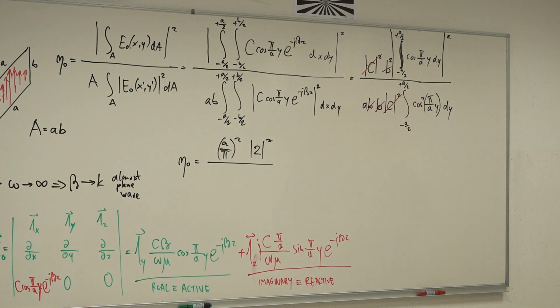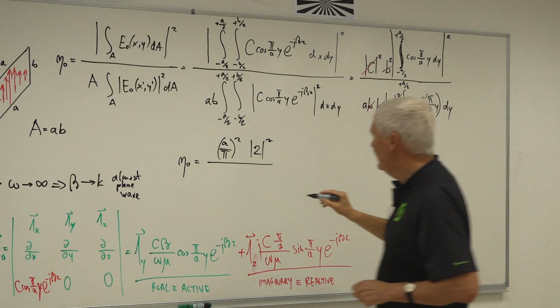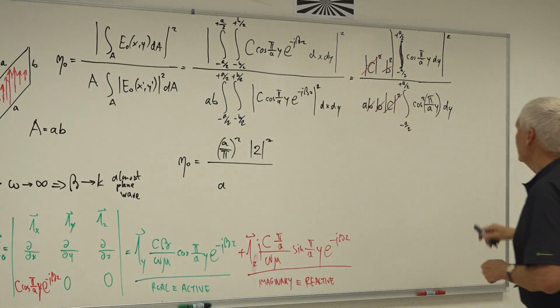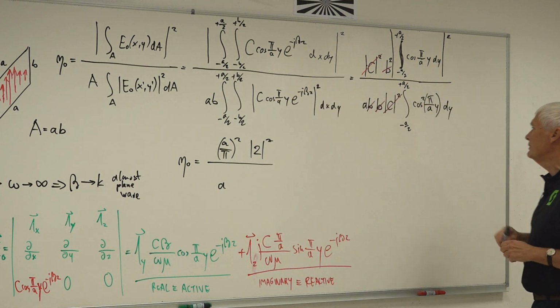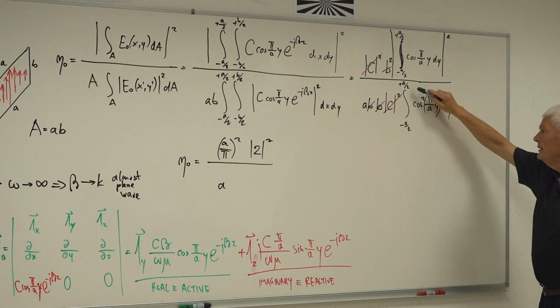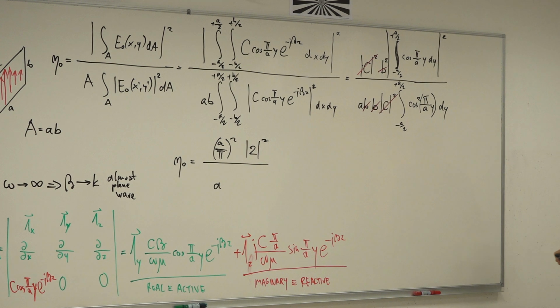What do we have in the bottom? In the bottom we have a. We are left with the integral of cosine squared. This cosine squared is actually integrated over half of its period.